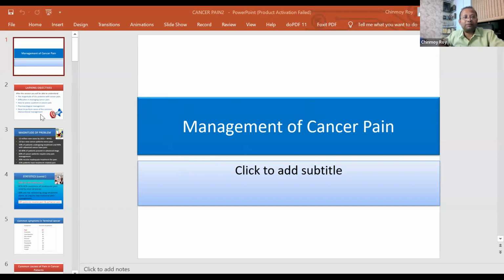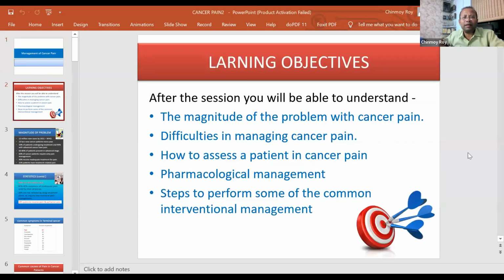So in cancer pain, what is our main learning objective? First, see the magnitude of the problem of cancer pain and the difficulties in managing it. Then how to assess a patient with cancer pain, pharmacological management, and steps to perform some of the common interventional management. So these things we will learn.